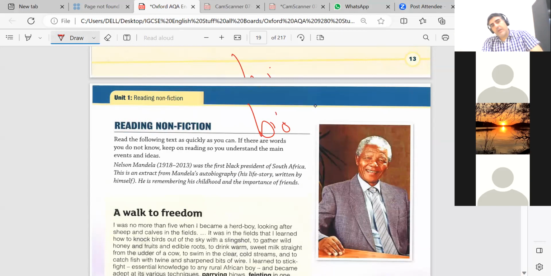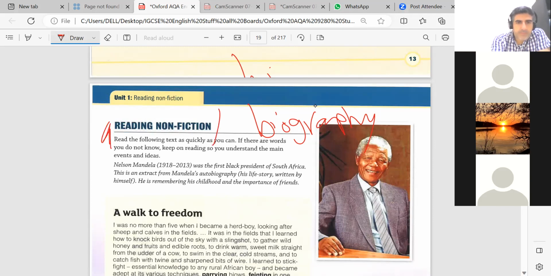Perfect, Khalid. And the biography? I think the opposite, someone talking about not himself, like another people. So biography and autobiography are non-fiction reading.